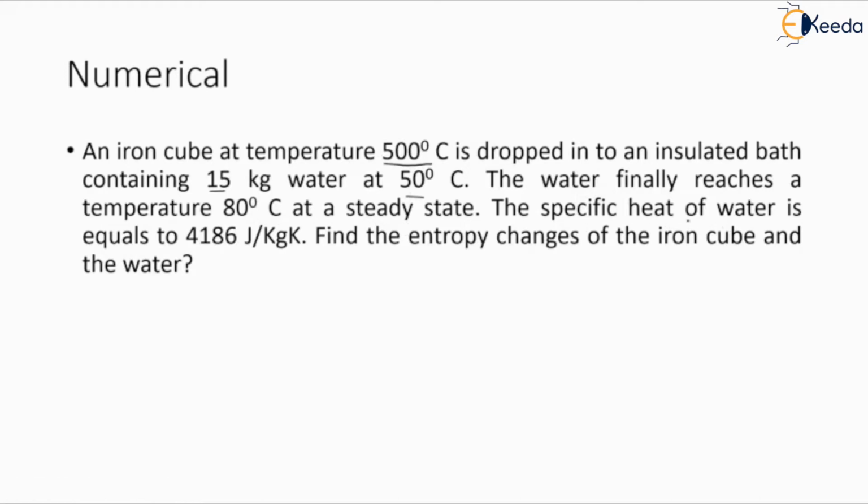The specific heat of water is given. So we have to find out the entropy change of the iron cube as well as the water. And here we can also determine whether the process is reversible or not. So let's start the solution.